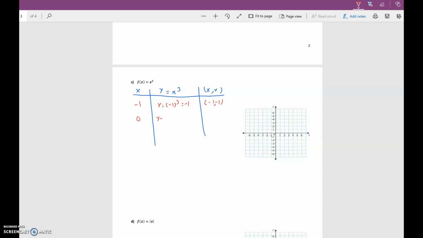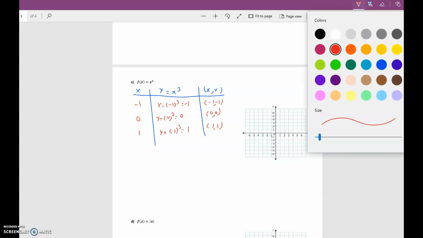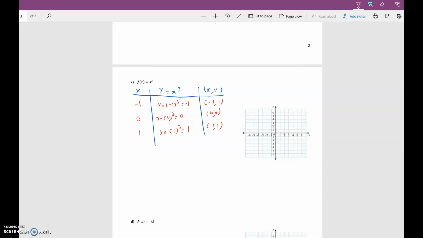Let's start with 0. y is equal to 0 to the third. That's 0, so 0, 0, and then 1. This is 1 to the third, or 1, or 1, 1. And let me put the actual dots on this one, at 0, at 1, and at -1.